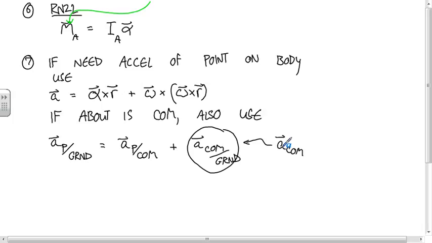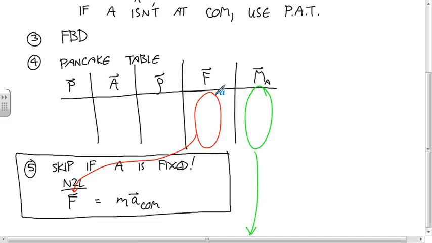And then the other way it comes in is if you're dealing with a fixed point or any unknown reaction force, then you're going to have to use Newton's second law.